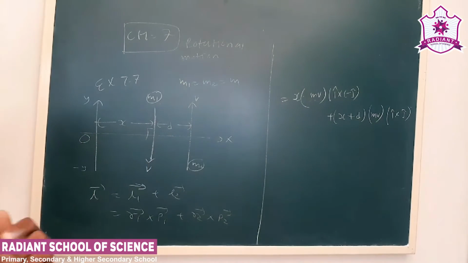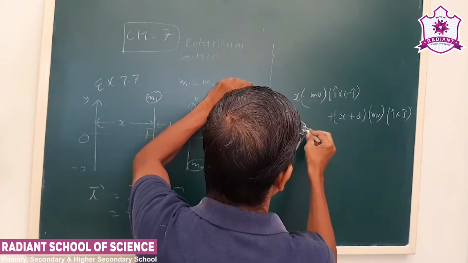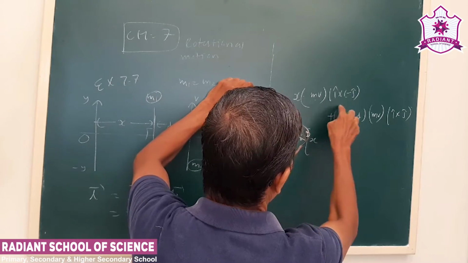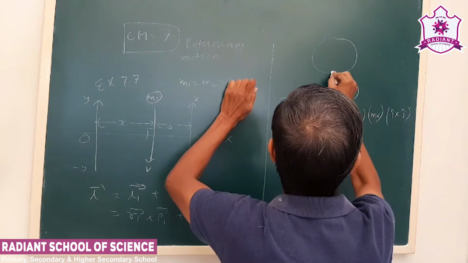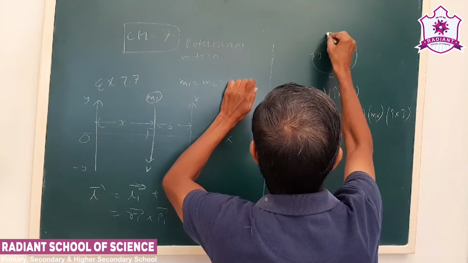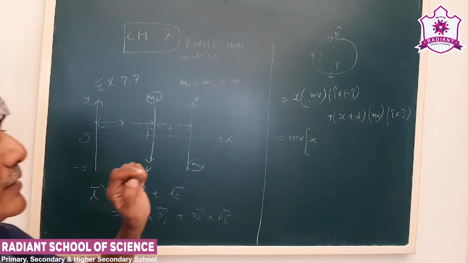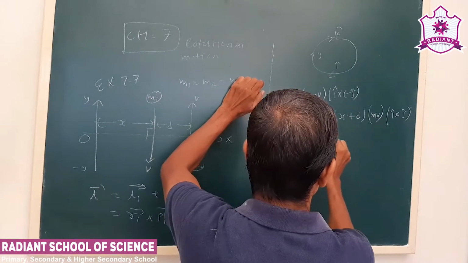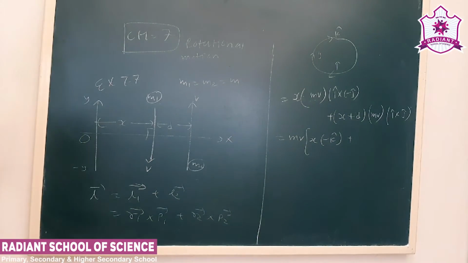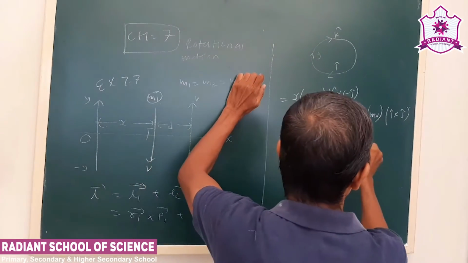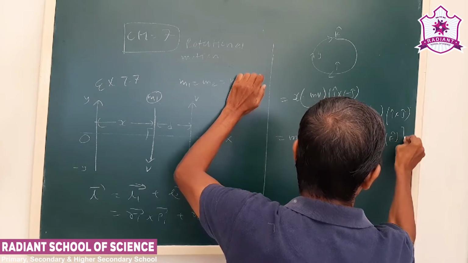Now if I simplify, mv, x is there, i cross j, recall the property. i cross j is k, but here it will be minus k caret. And here, x plus d, i cross j is k caret.